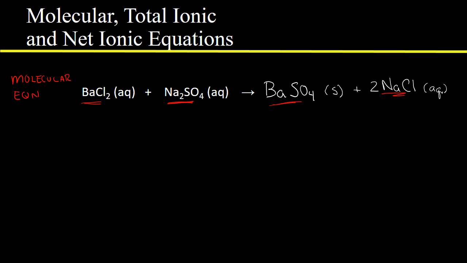That says what's really happening. If we were to mix these two solutions together, we wouldn't really have a solution with barium chloride molecules in it. We would have a solution that contains a bunch of barium ions and chloride ions.